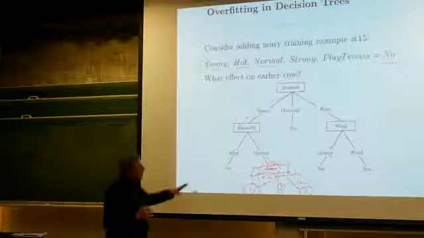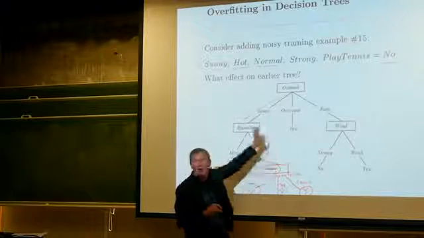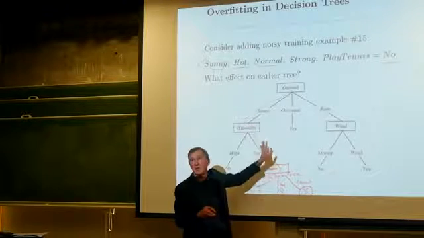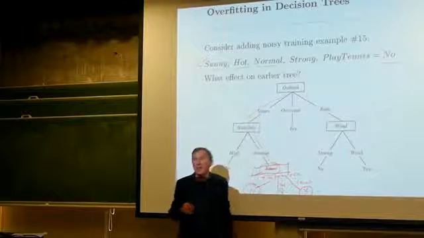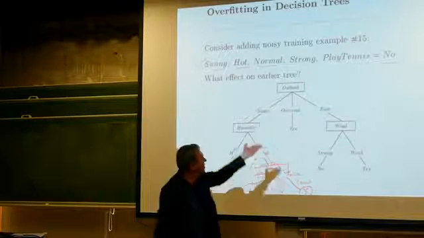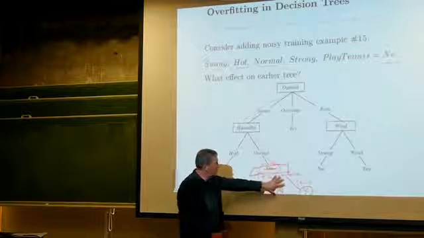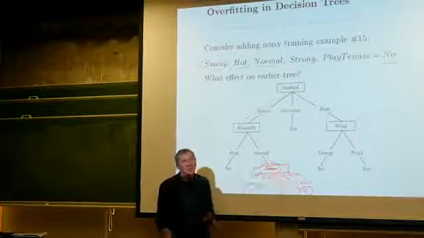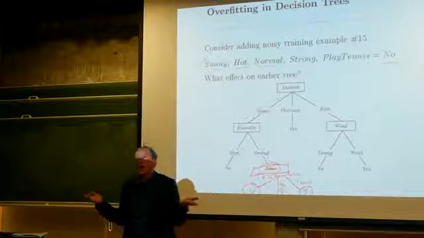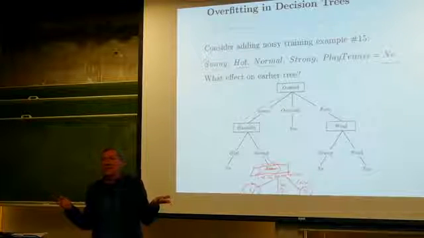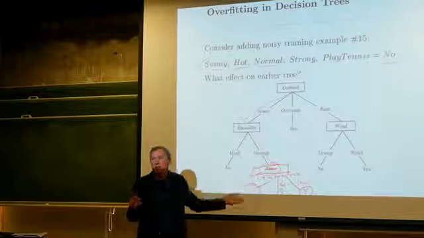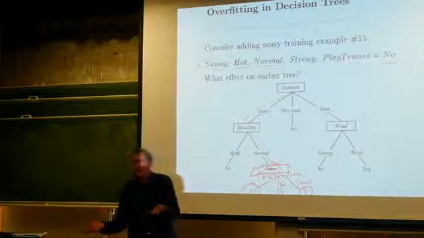Now here's a tree that'll fit all 15 examples, the original 14 plus this 15th one. But you and I know, because I told you that there was noise in the training data, that this tree, including the red stuff, won't actually perform as well on future examples as the original tree, which didn't have the misfortune of seeing this noisy data when it was trained.